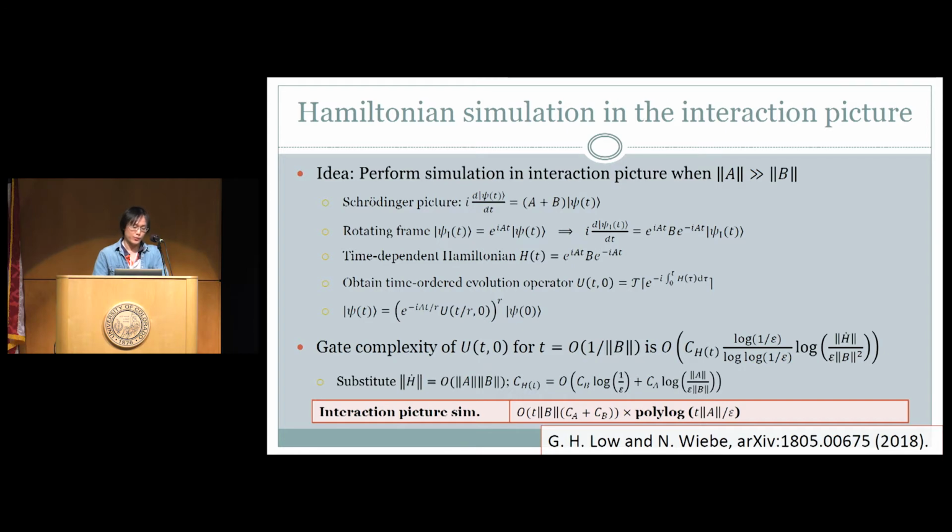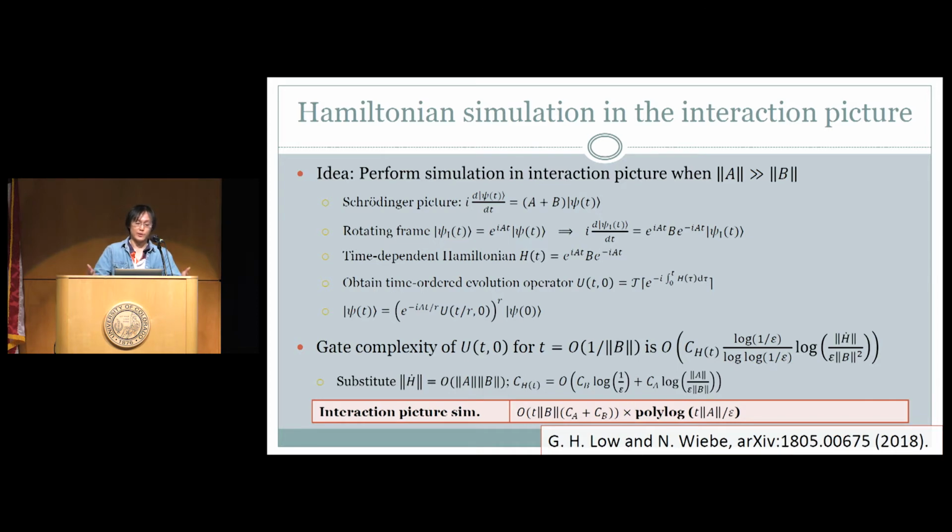So we go to the rotating frame where we look at the time evolution of this state that is where we factored out time evolution by A. And now if we just plug this into Schrödinger's equation, we find out that the A term in our Hamiltonian cancels out, and we are left with a time dependence term. It is the B term of the Hamiltonian now rotating in the frame of A. So at first glance, this seems like a crazy idea. Time independence is simple. Why would we make our lives difficult?